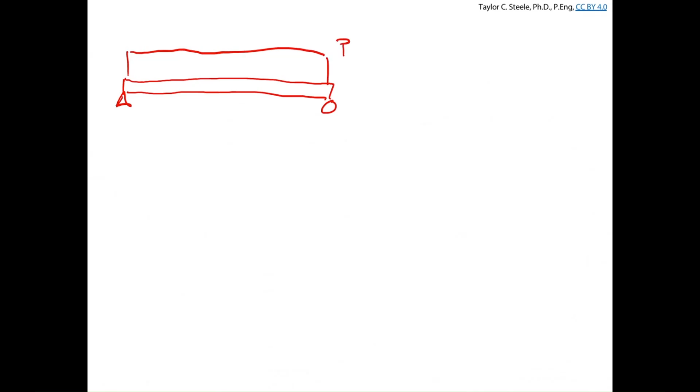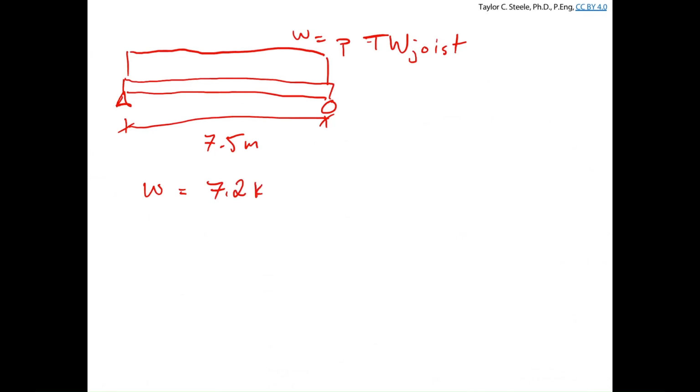This is going to be the load W, which is equal to the uniform pressure multiplied by TW for the joist. So we've got a 7.5 meter long joist, and W is going to be equal to the pressure, which is 7.2 kPa. Again, we'll talk in later lectures about how we calculate that pressure.